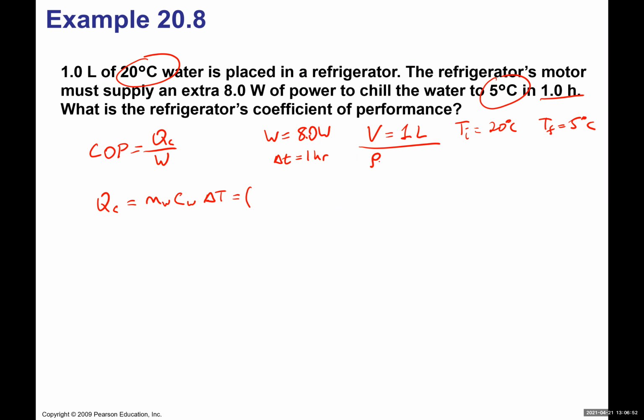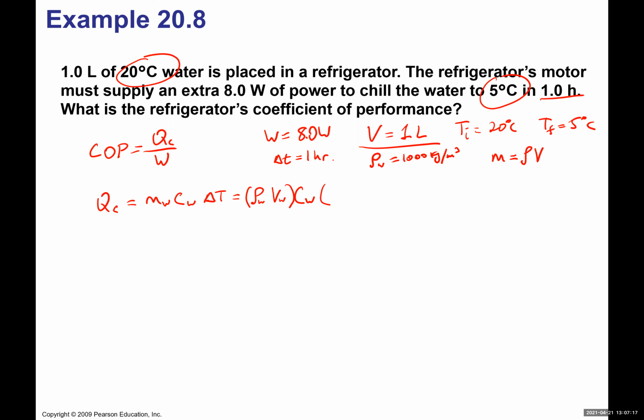And remember, I know that the density of water is 1,000 kilograms per cubic meter. That means I can find the mass. Remember, mass over volume is density. Then mass is equal to the density times volume. So here I can say QC is density of water times volume of water times specific heat of water, then times delta T.